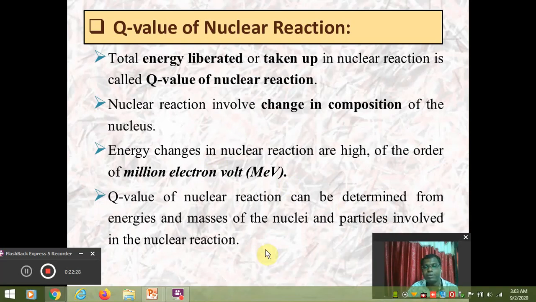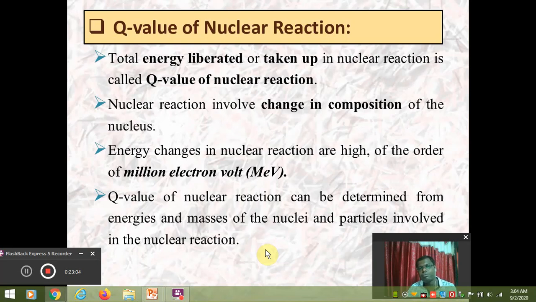Again, the Q value of a nuclear reaction can be calculated from the energy and mass of the nuclei and particles involved in the nuclear reaction. It means that whenever you want to calculate the Q value of any nuclear reaction, we have to consider the energy as well as the mass of all particles involved. This is the way by which we will be able to calculate the energy liberated or taken up in a nuclear reaction, which is called the Q value of nuclear reaction.